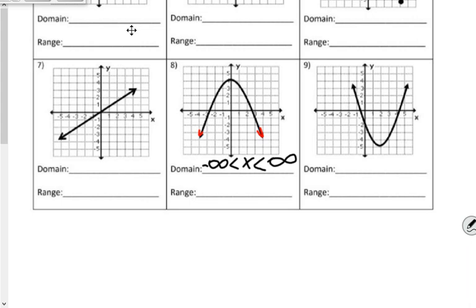Now, here's the kicker. With the range, it keeps going down to negative infinity, but it doesn't go up to positive infinity. It stops right here. It turns right there. So the way we would write this is, well, our maximum value is 4.